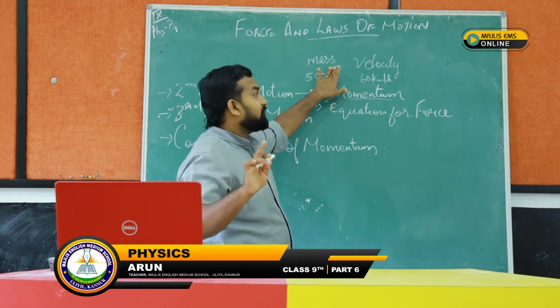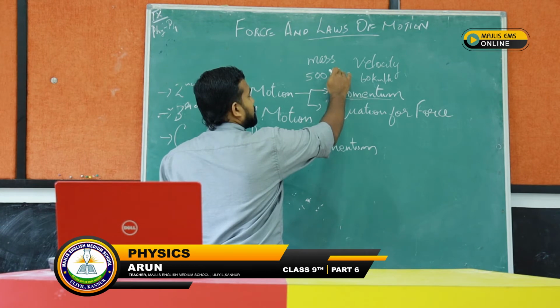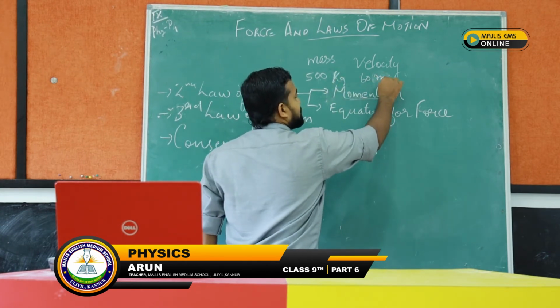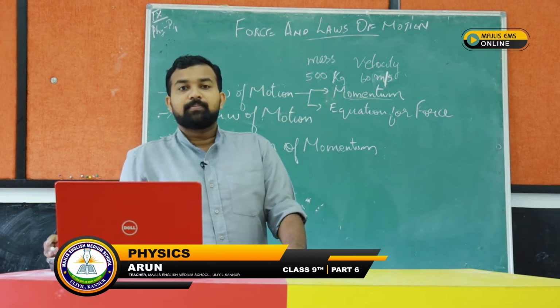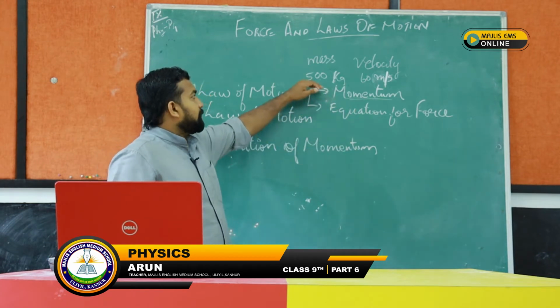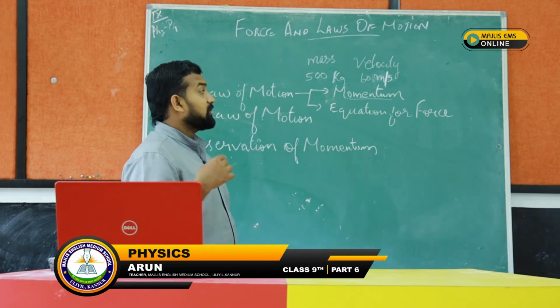The SI unit of mass is kilogram, and the SI unit of velocity is meter per second. So you know the mass of the car and the velocity with which it is moving. And what is then the momentum?